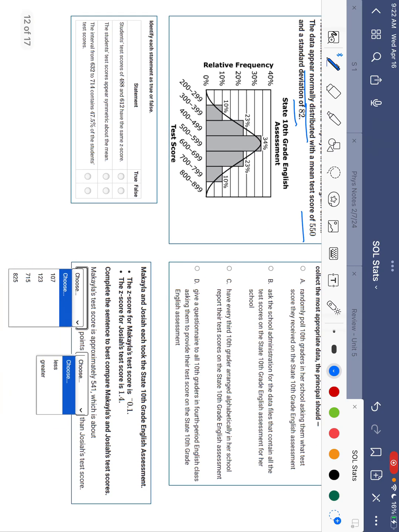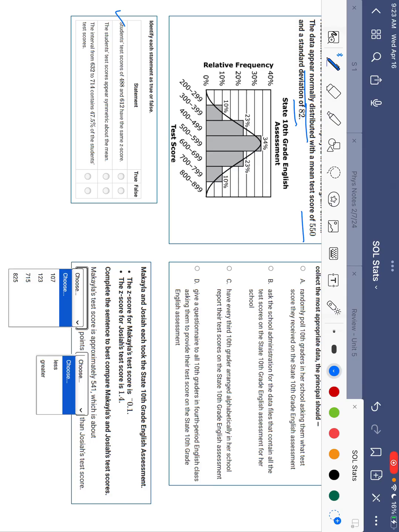Okay, so down here, the students' test scores of 488 and 612 have the same z-score. To have the same z-score, you would have to be the same amount above and below the middle, all right? And z-scores can be positive and negative.